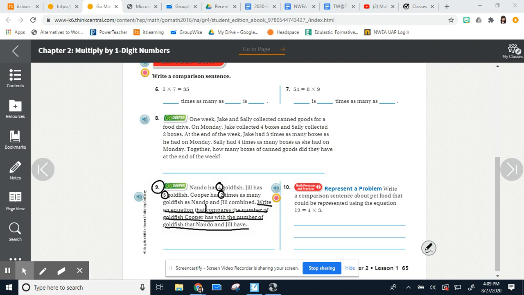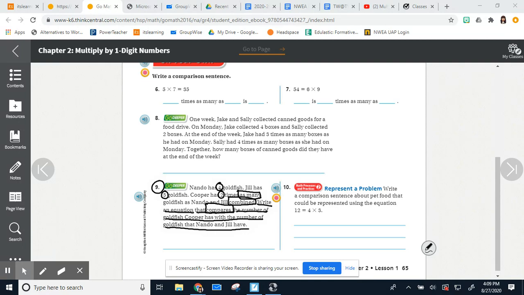So I would say compares, because that tells me we probably need to have a model. And then I'm going to box in as many, because the 2 times as many tells me, okay, I probably have to multiply here. And then I'm going to box in combined, because that's a hint, right?